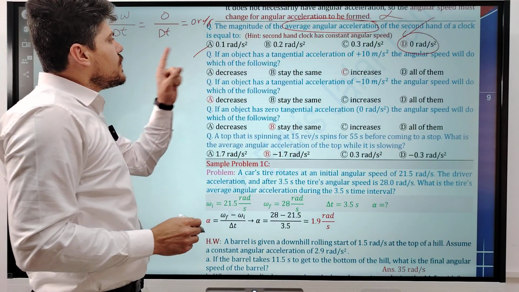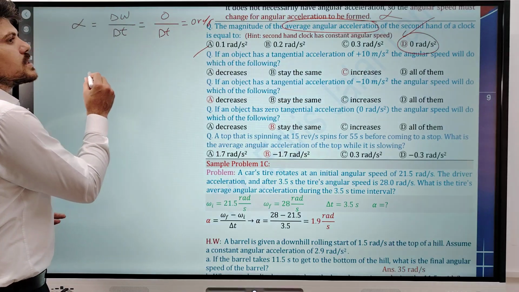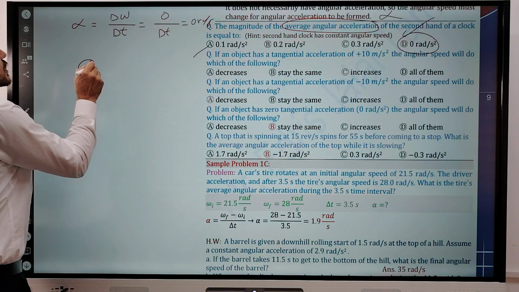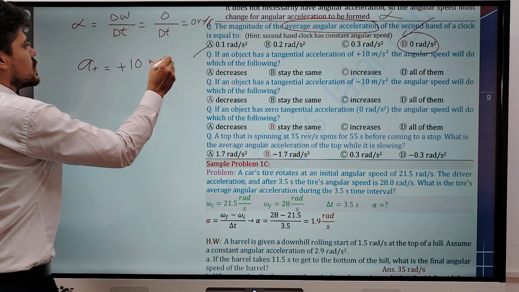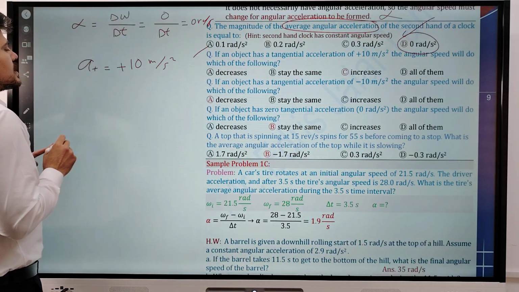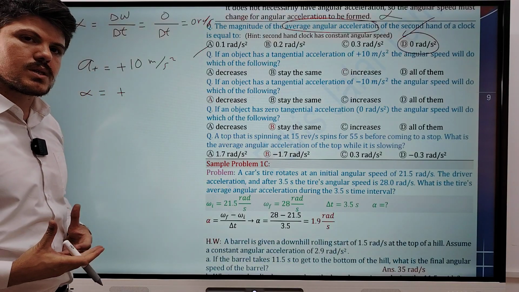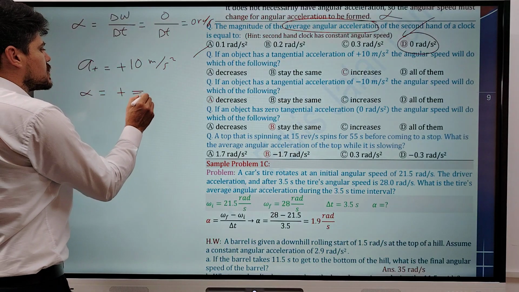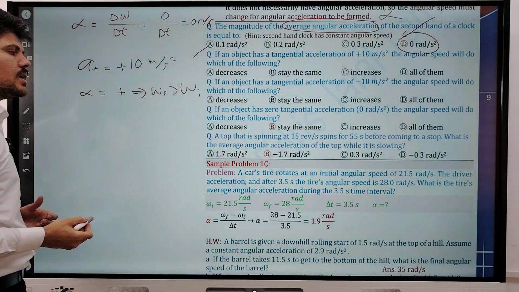Question 2. If an object has tangential acceleration of positive 10 meters per second squared. In that case, when tangential acceleration is positive, alpha also has a positive sign. When does alpha have a positive sign? In the case when omega final is bigger than omega initial.